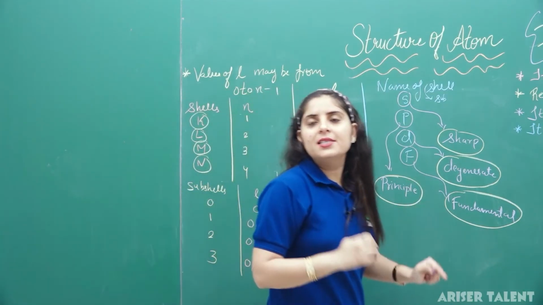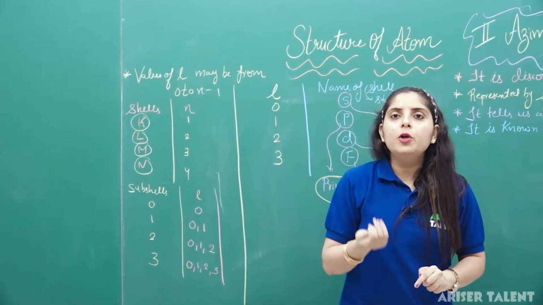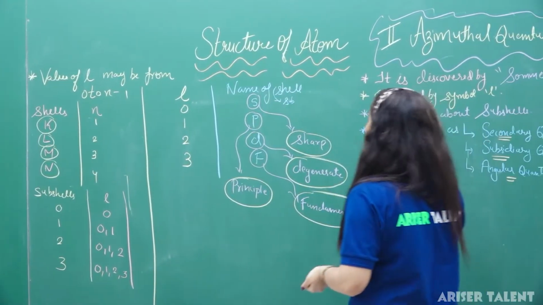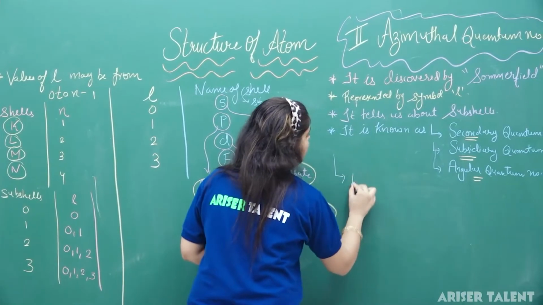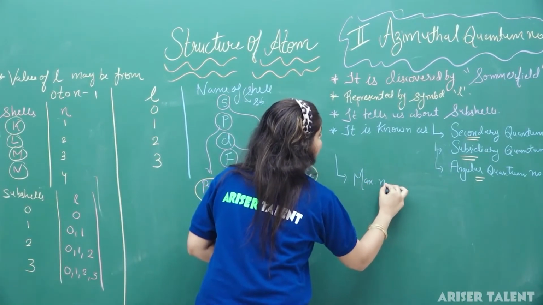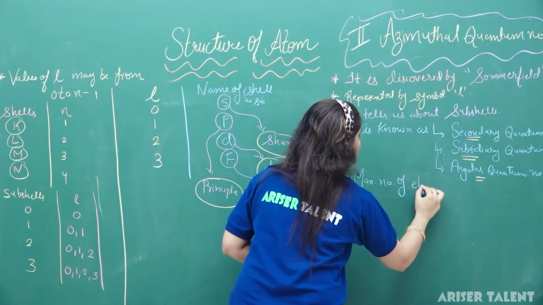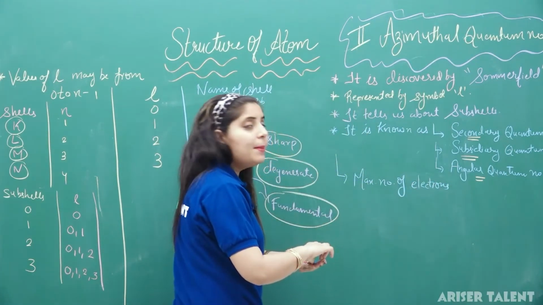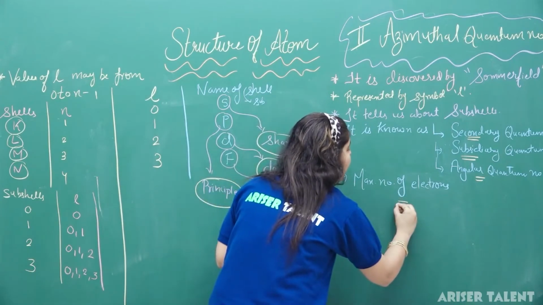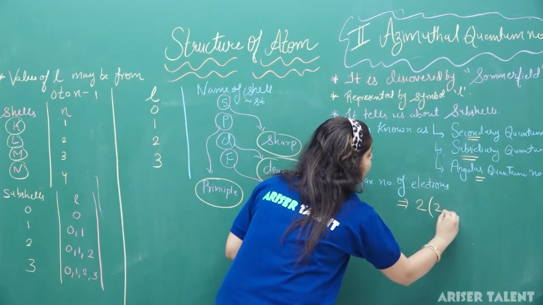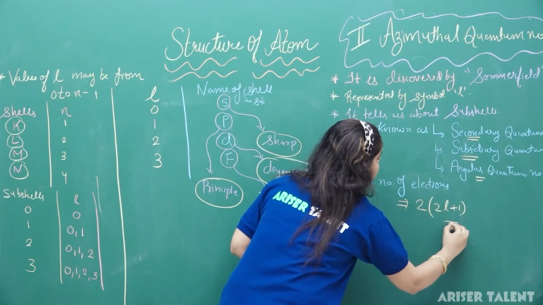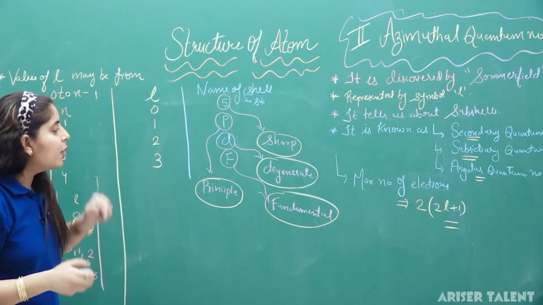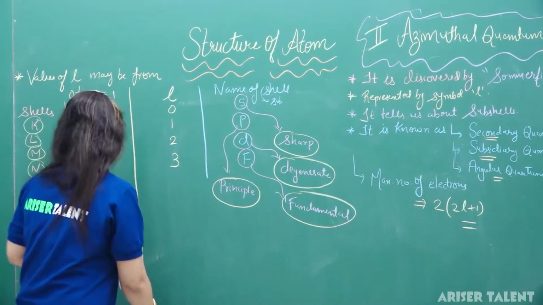Now, for the azimuthal quantum number, we want to calculate the maximum number of electrons. It can be calculated by using the formula 2 into (2l plus 1). For different values of SPDF, we will calculate the maximum number of electrons.